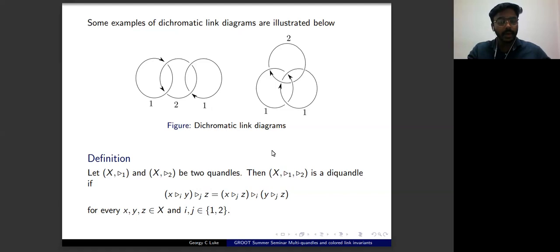A diquandle is again a set with 2 binary operations, del 1 and del 2, such that x del 1 and x del 2 individually form quandles, and they satisfy this right distributivity property: (x del i y) del j z should be (x del j z) del i (y del j z), where i, j could be 1 or 2, for every x, y, z.